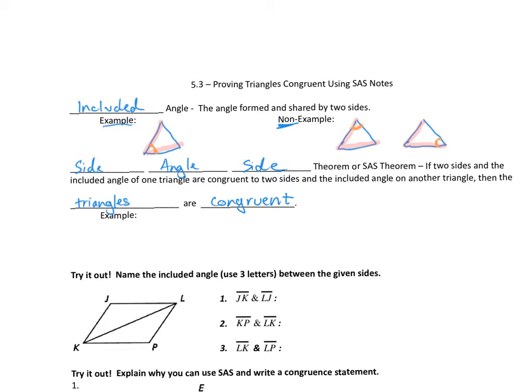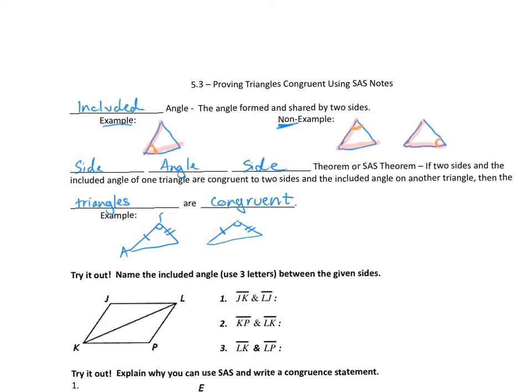So let me give you an example here. If I were to draw a triangle like so and another triangle like so, and I said this side is congruent to this side, and this angle is congruent to this angle, and that side is congruent to that side. Notice that the angle is in between the two sides. I'll just label this.